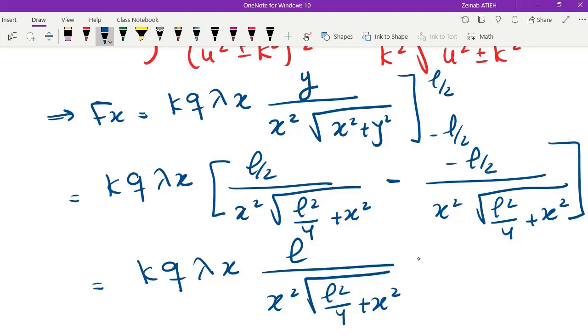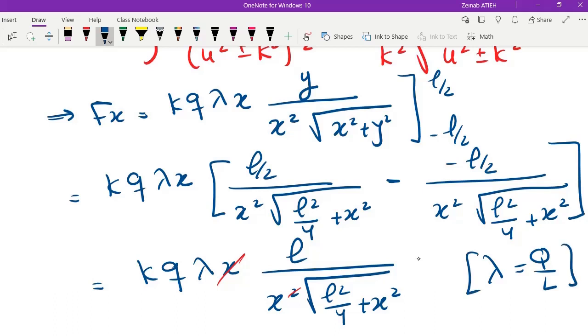Up to here I can cancel x with x. Up to here it's okay: everything in terms of the given x, given L, given q, given k, which is 9 times 10 to the power 9, a constant. Lambda was not given in the question. The problem did not define it that way; it says you have a rod with charge q and length L. So I have to substitute lambda with its value. We all know lambda is Q over L, charge over length.